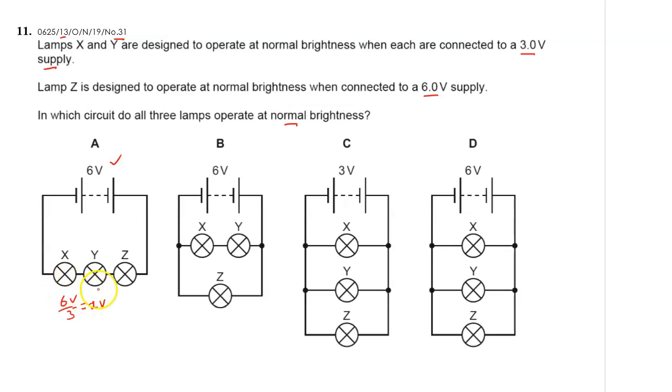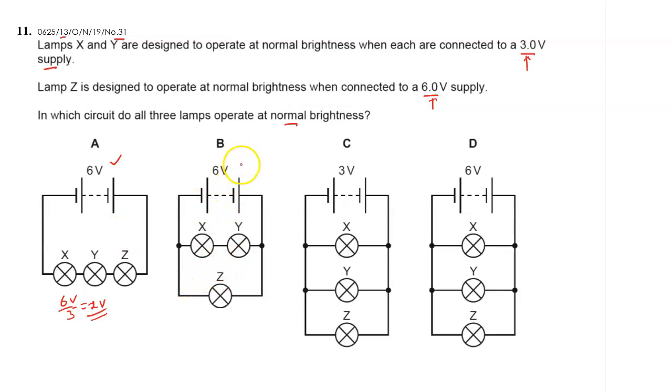Of course, for Z, which has got a higher rating, the voltage will be a little bit higher. So you can see none of them is operating at normal brightness because X and Y need 3 volts and Z needs 6 volts. So that's not correct. Look at B.